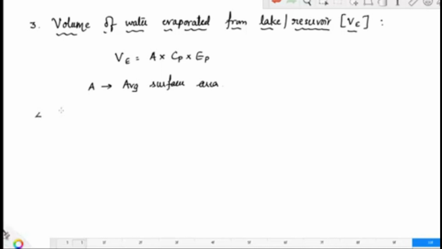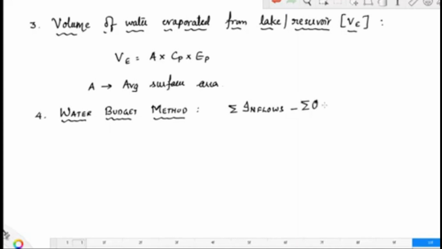Fourth point, you have to remember equation for water budget method. So water budget method, simple equation you have to remember. Summation of inflows minus summation of outflows is equal to change in storage plus or minus delta S. If you want to elaborate, you can elaborate like this.